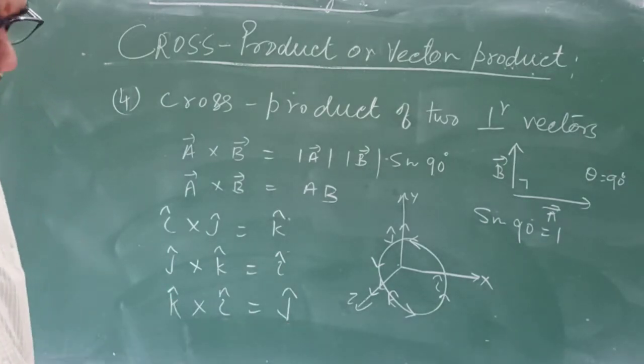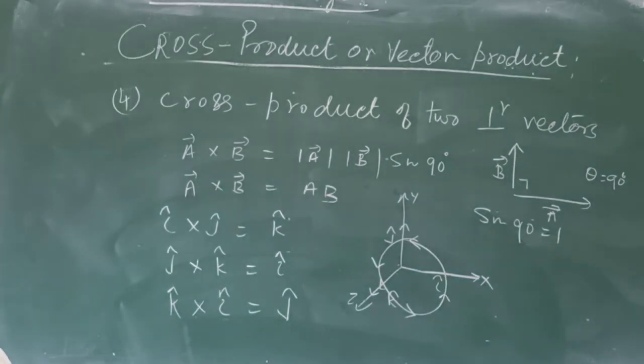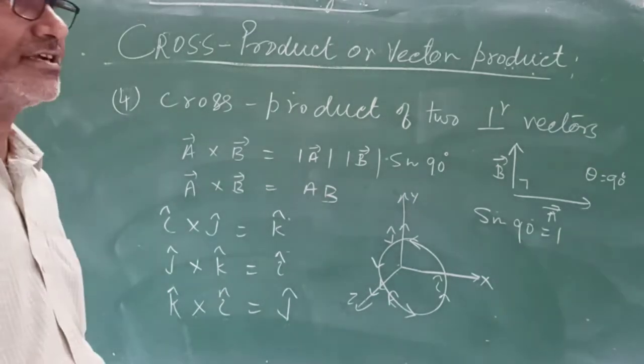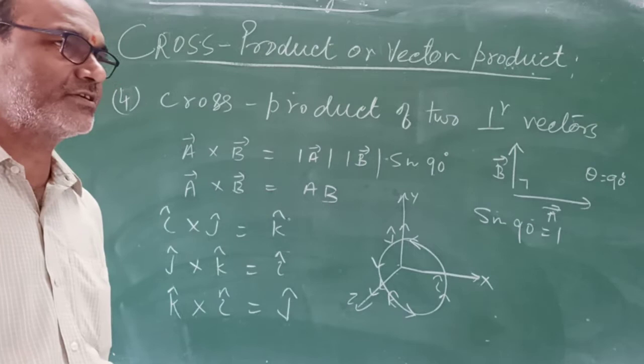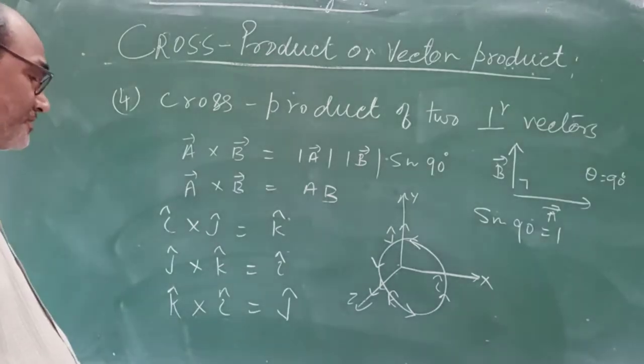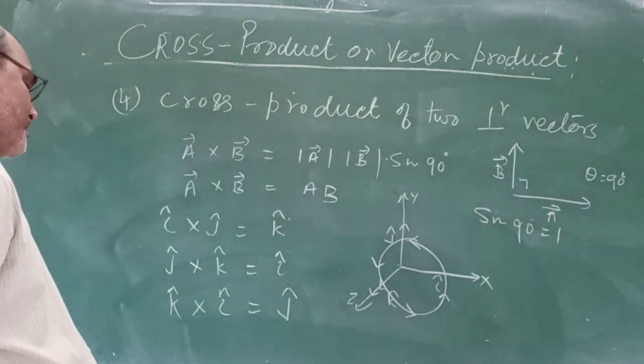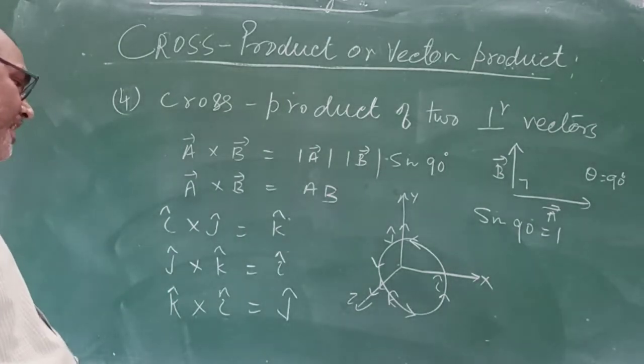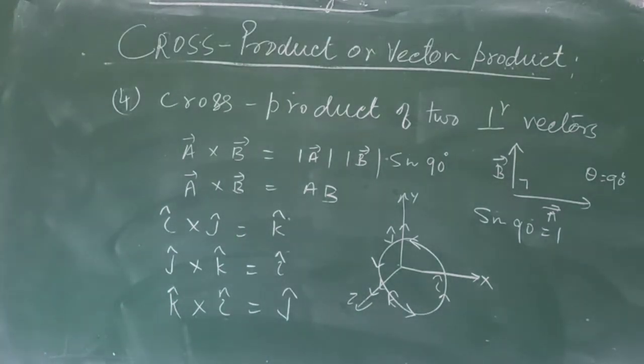Is it clear? i cross i is equal to 0, j cross j is equal to 0, k cross k is equal to 0. On the other hand, if the two vectors are at right angle to each other, or mutually perpendicular, in that case i cross j is equal to k, with magnitude 1. j cross k is equal to i cap. k cap cross i cap is equal to j cap.